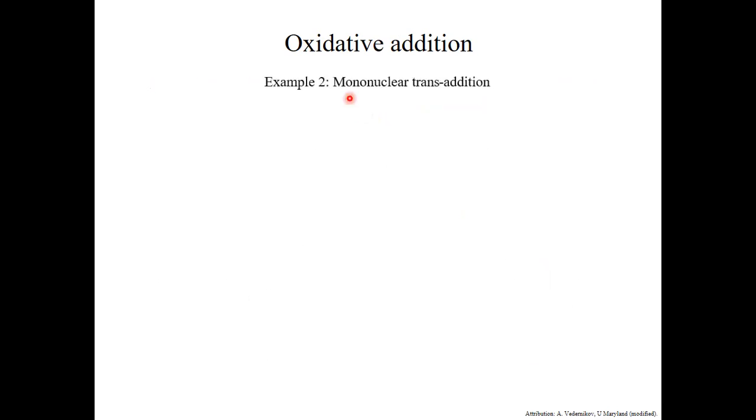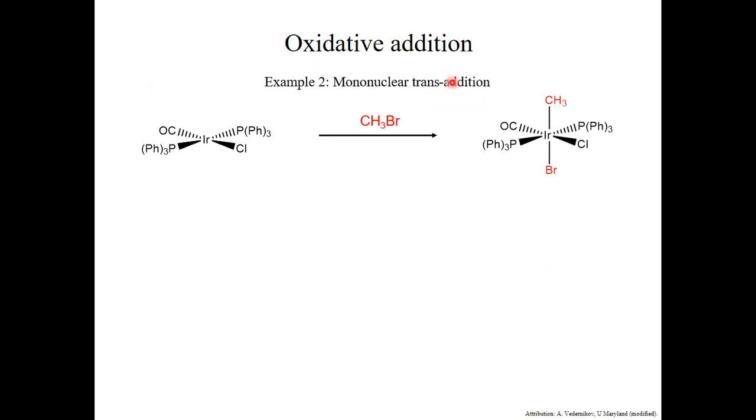Okay, so let us go to a second example where we have a mononuclear trans addition. We again start out here with the iridium complex, but now we add methyl bromide. And now that methyl bromide adds in a trans way.